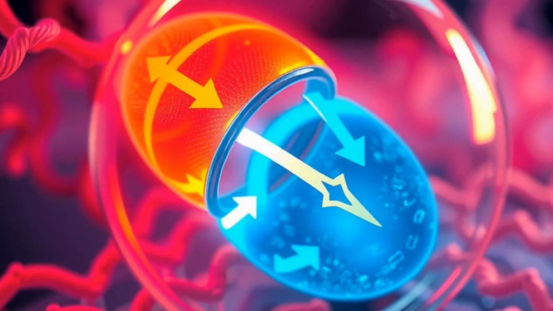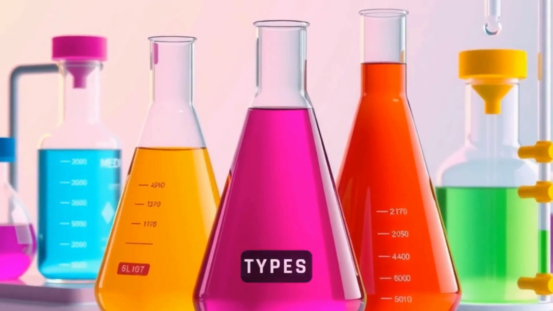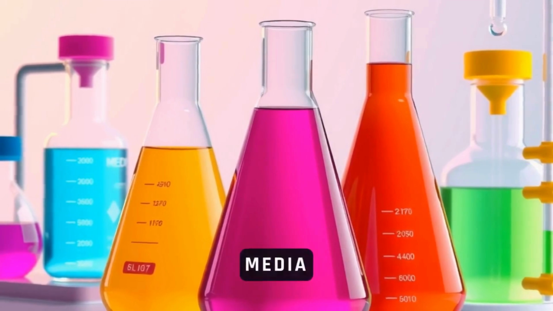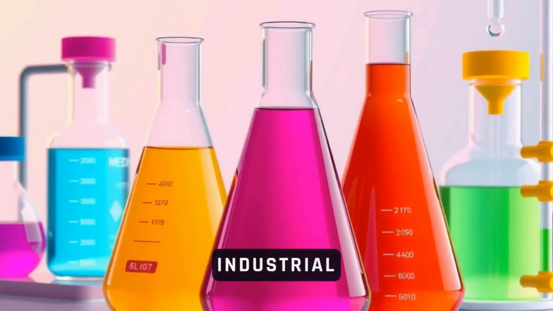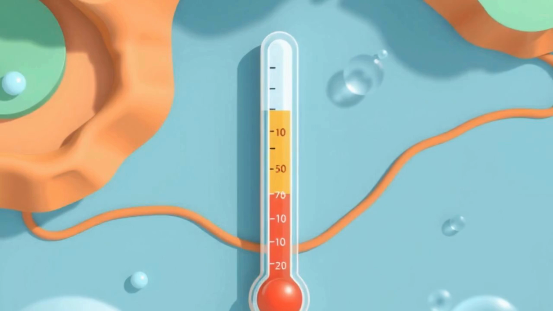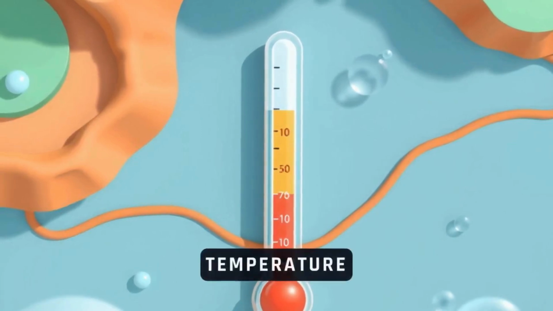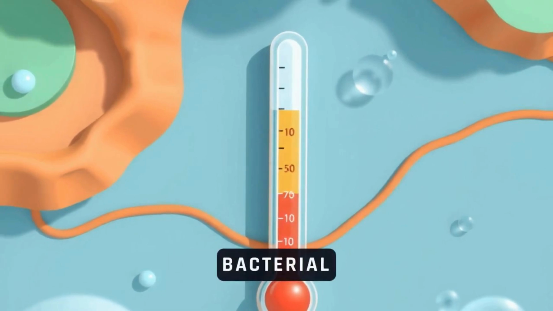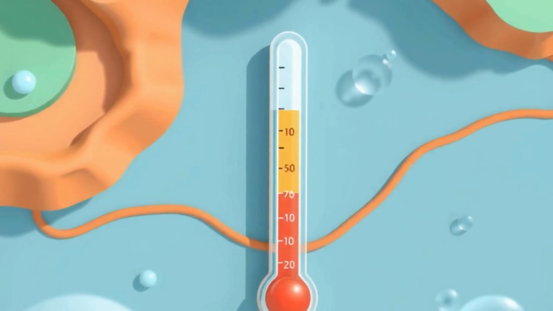Understanding metabolic types helps predict growth requirements and design appropriate culture media for laboratory isolation, industrial fermentation, or biotechnological applications. Next, we examine gaseous and temperature requirements, key environmental factors that determine where different bacterial species can live and multiply.